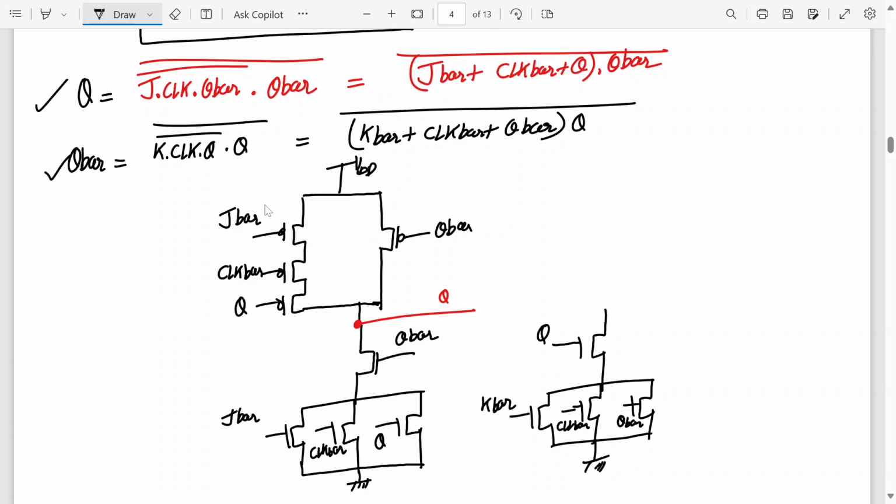I hope I'm doing it correctly. These are three PMOS transistors with inputs K bar, clock bar, and Q bar.